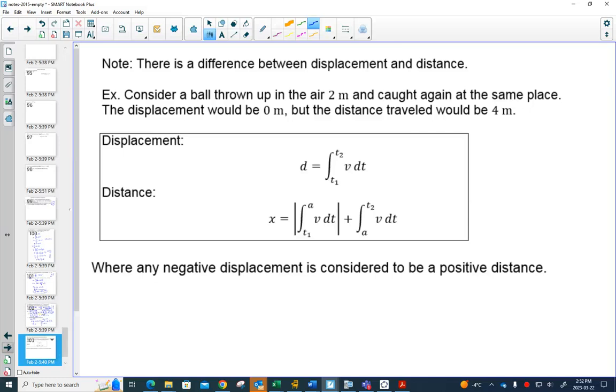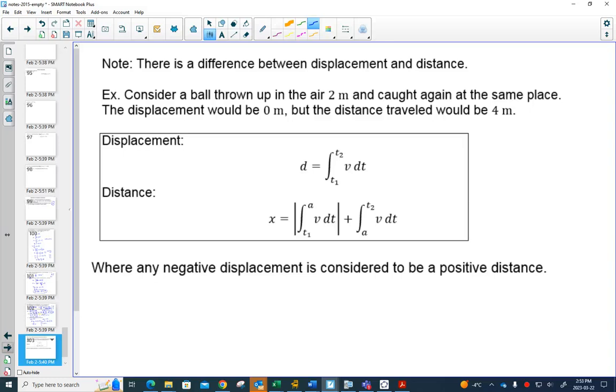But so we have displacement is just the integral of our velocity. But for our distance, we have to find out when is the displacement positive, when is the displacement negative. Because if I would take my velocity graph of this object going up in the air, I would have a positive velocity while it's going up, it's going to stop, and then it's going to have a negative velocity showing that it's coming down.